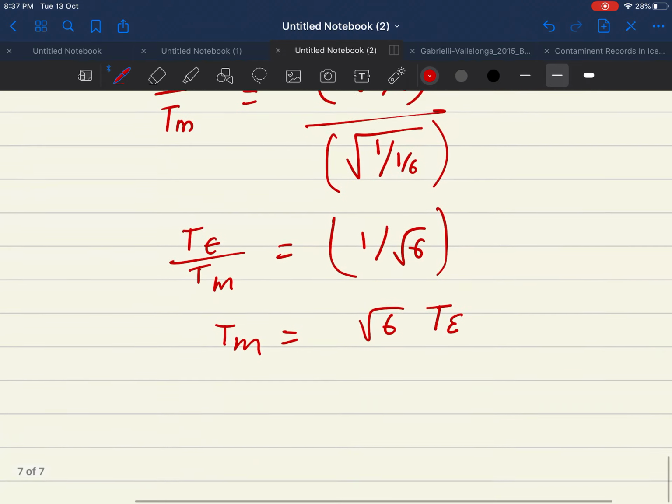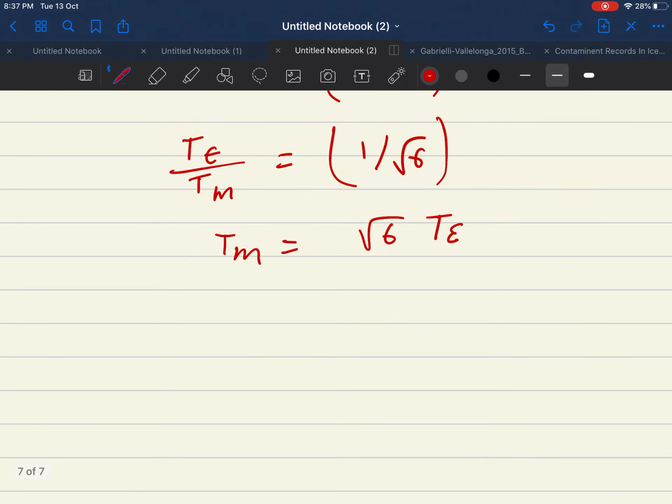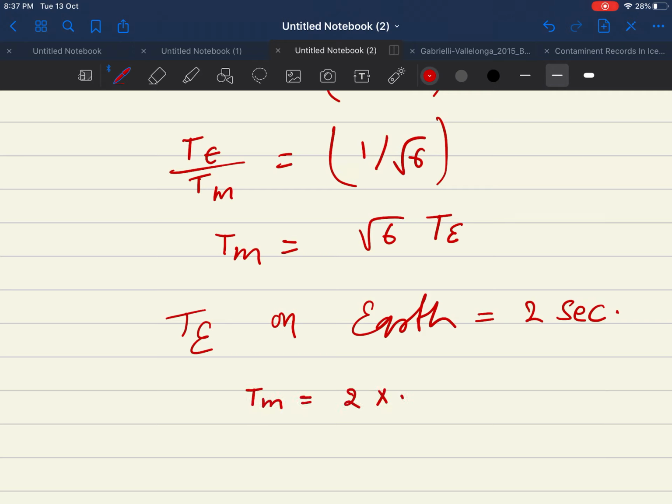Now we know that on Earth the second pendulum is 2 seconds. TE on Earth is equal to 2 seconds, right? So TM is equal to 2 into root 6.